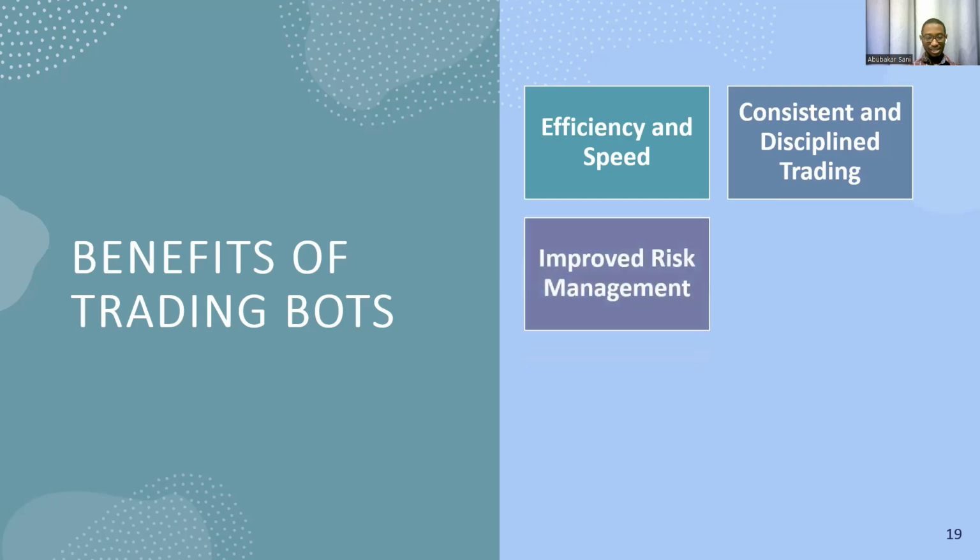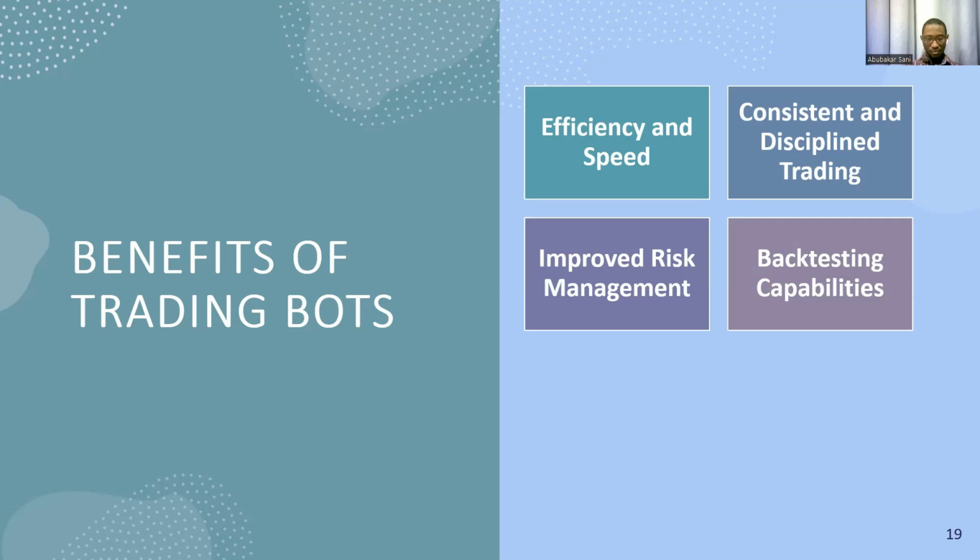Risk management is improved if you use this, because if you are the only one managing your trades, there is a likelihood you will become biased. There is that likelihood you will make wrong decisions because of your emotional state. So with the bots, this is handled. Backtesting capabilities allow you to test your strategy using historical data.